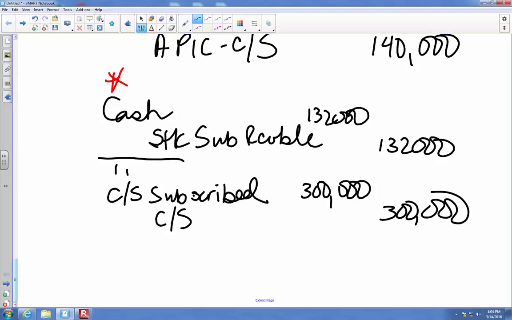Okay, next journal entry. Treasury stock. So I've got a company named Harrell Corp. They've got common stock, $4 par value, 500,000 shares authorized. Can you figure out how many have been issued by that information?